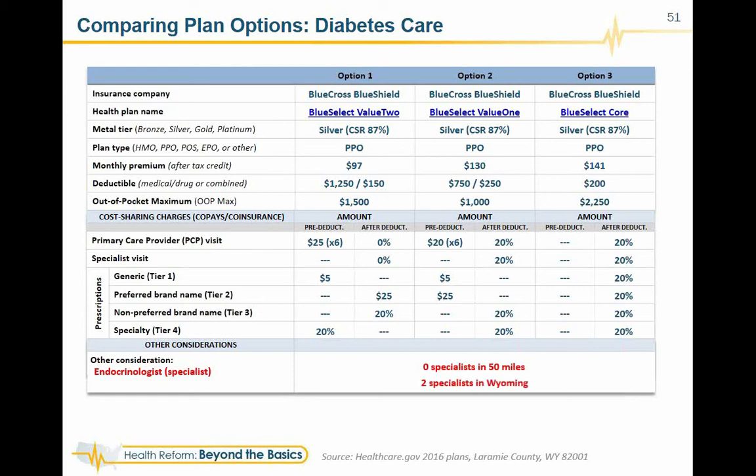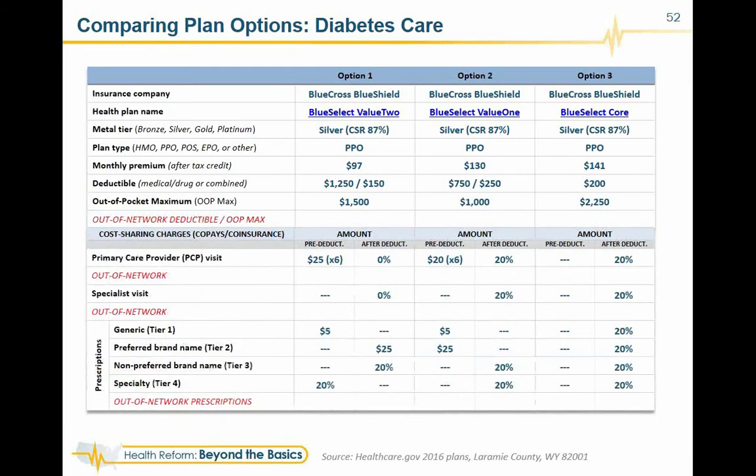So this may affect how Doug assesses out-of-network coverage for these plans. All 3 of these plans are PPOs, and so they cover out-of-network services. Here is the summary of some of the cost sharing for out-of-network services.